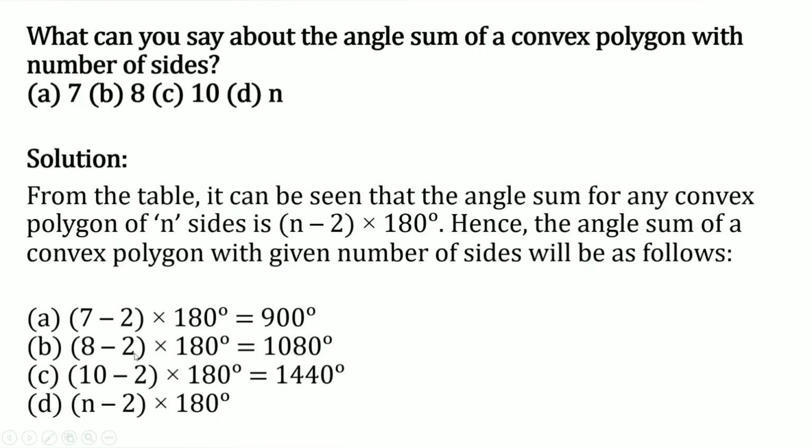Here 8 minus 2, so it is 6 into 180. It is 1080 degrees. And for 10 sides, 10 minus 2, so 180 into 8 is equal to 1440 degrees. And for n sides, it will be n minus 2 into 180 degrees.